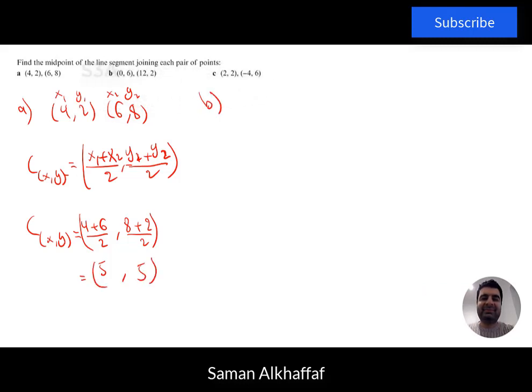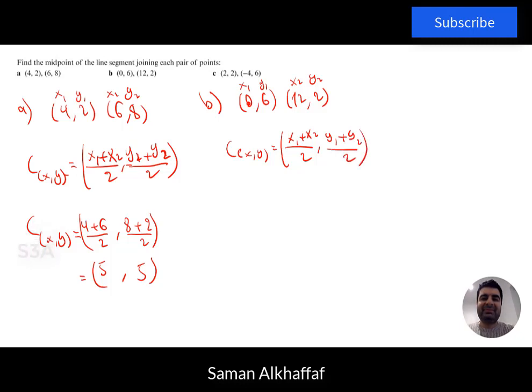For part B, we have (0, 6), and we also have (12, 2), so we have x1, y1, x2, y2. So first we have the center (x, y), which will be x1 plus x2 over 2, and y1 plus y2 over 2, and that will give us the midpoint.